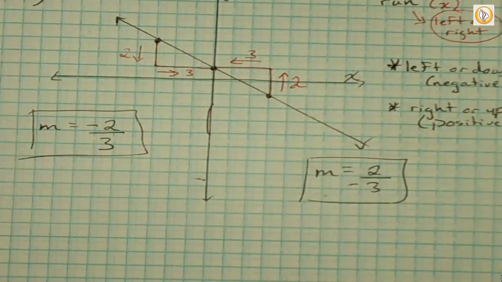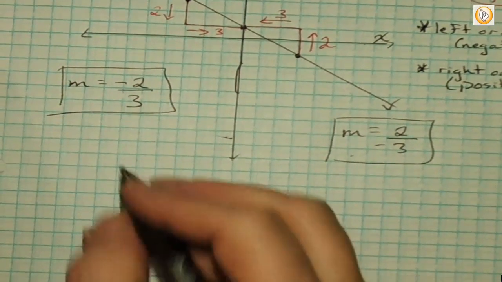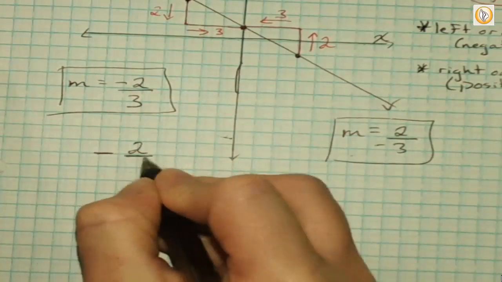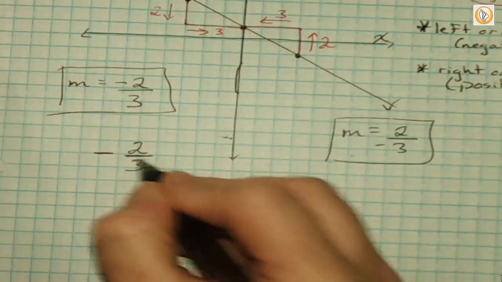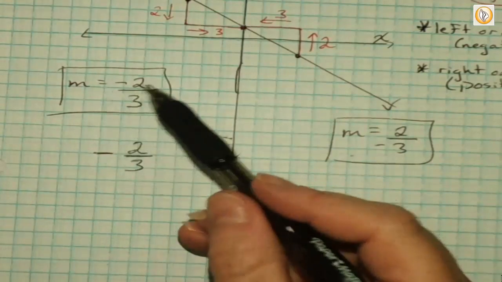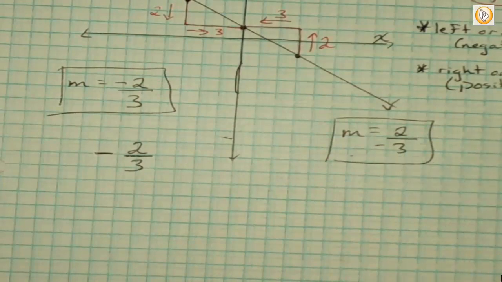Now, with slope, it doesn't matter if you had a negative sign right there in the middle. You choose one or the other to be your negative.